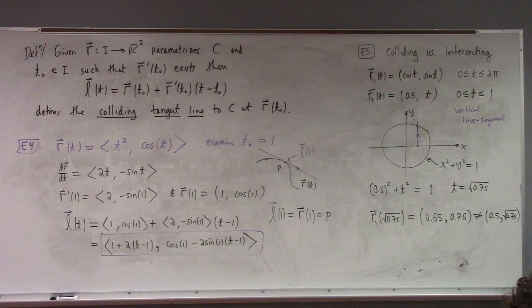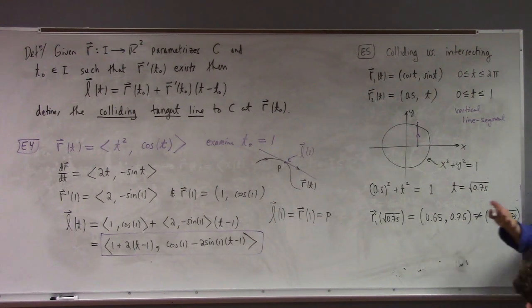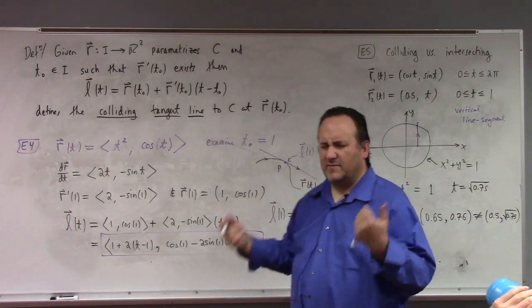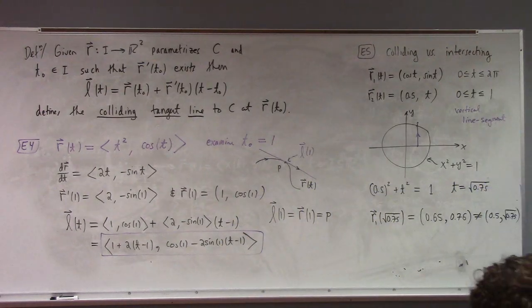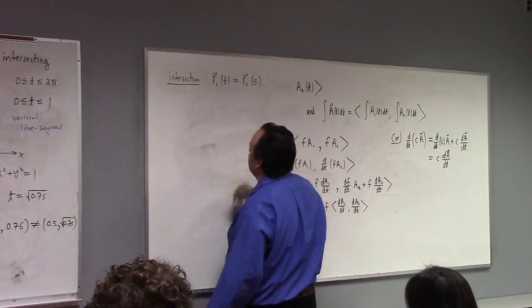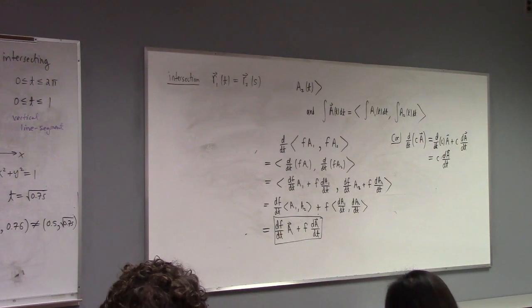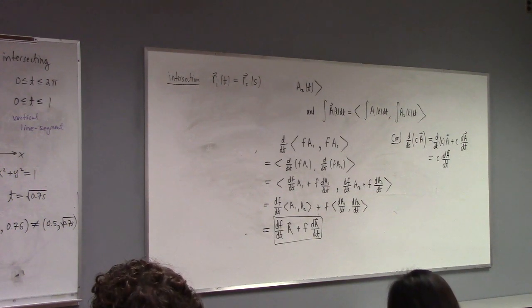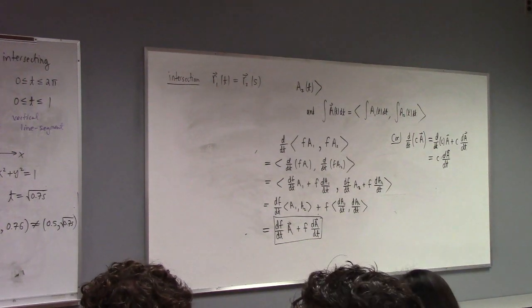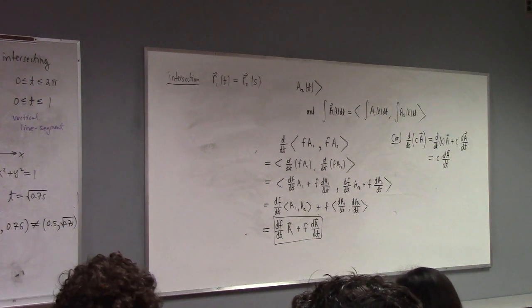Intersection: if you're looking for points of intersection, you're trying to see, can you find a time such that R1 of t is equal to R2 of s? You don't have to have the same parameter for both paths. A point of intersection could just be a place where the paths cross. They don't have to cross at the same time.